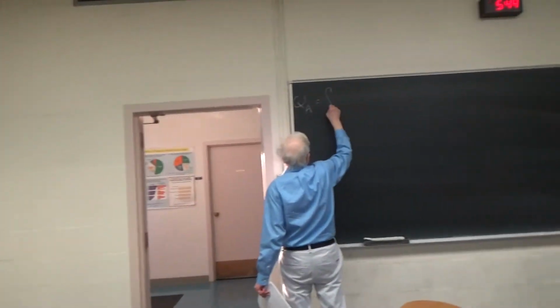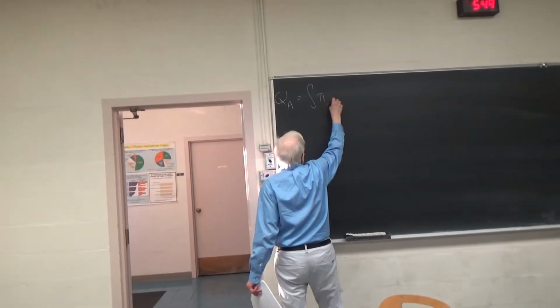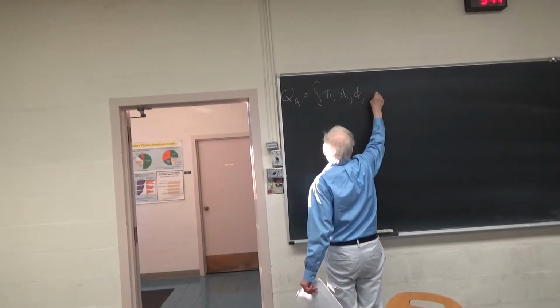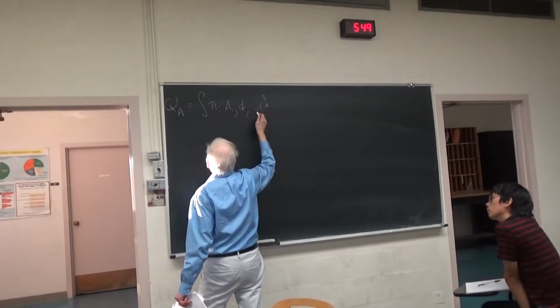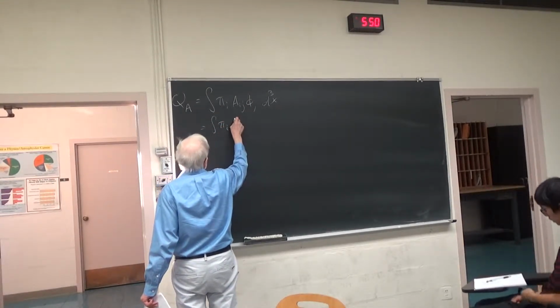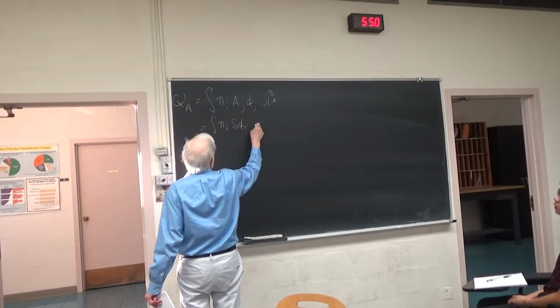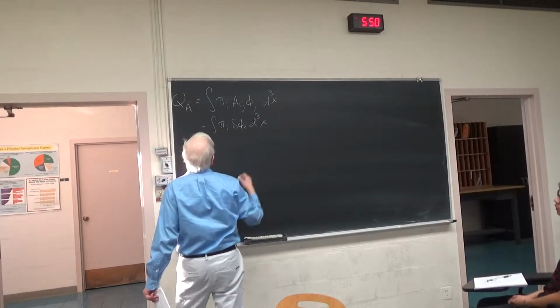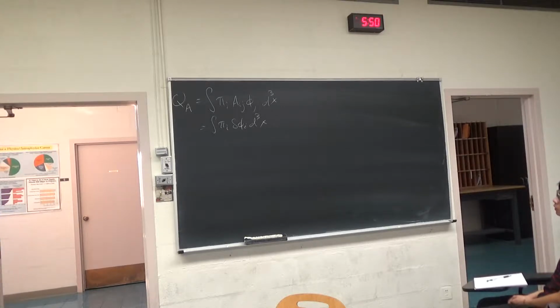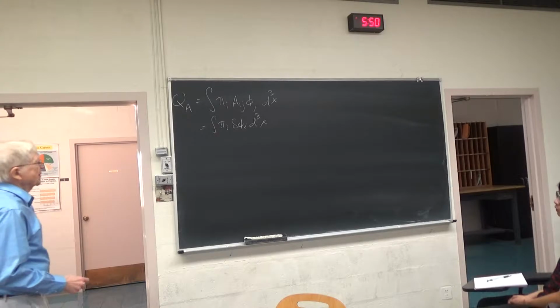Q_A is an integral of pi_i a_ij phi_j d cubed x, or equivalently, more generally, pi_i times the change in phi_i d cubed x. And so what you can see is that the charge is the generator of this transformation.